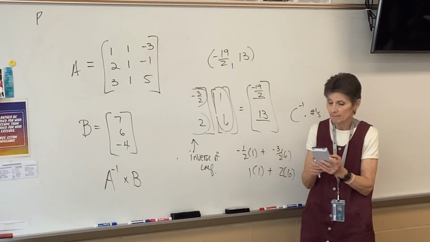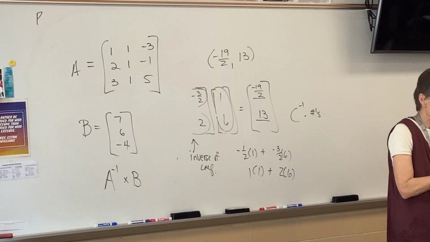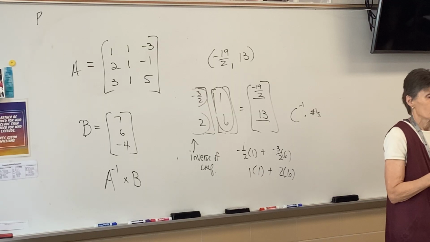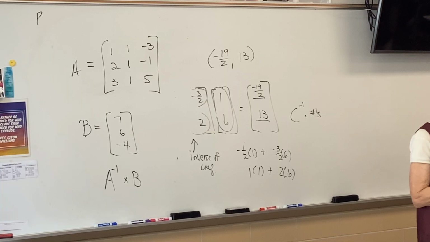Alright, so I got them all in. As soon as I get them all in, press enter, I second click. I'm done. But now I gotta go back in and put in matrix B.